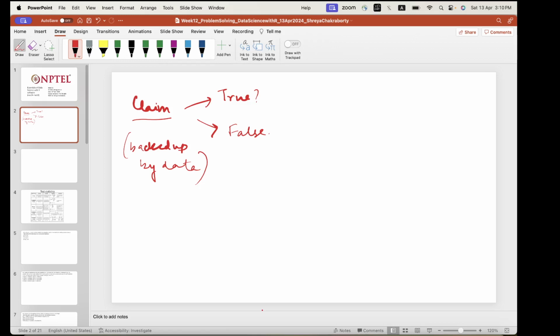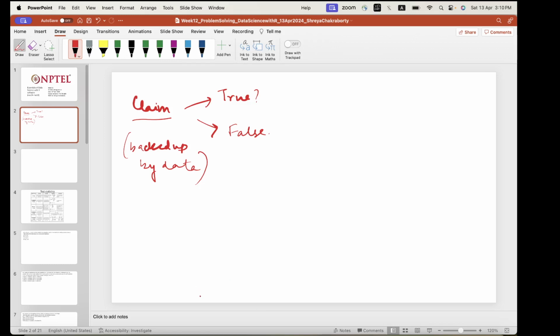Okay, and our alternate is something that we would like to believe. We would like to reject our null hypothesis in favor of the alternate hypothesis. So what is our natural intuition? If we want a medicine to be effective, we would want that medicine to lower the frequency of indigestion events. Okay, so that will be my alternative hypothesis.